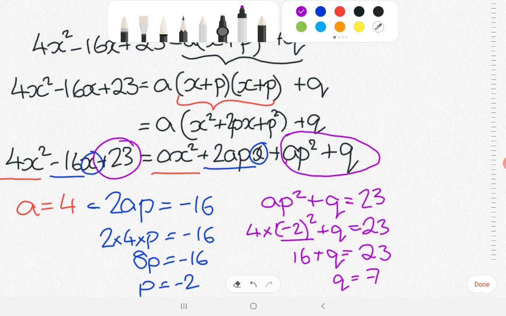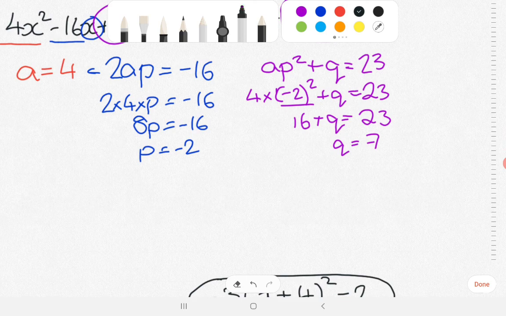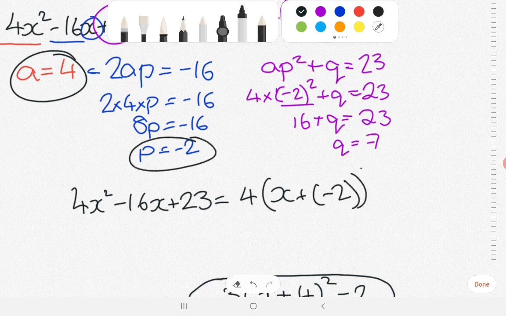So I've got my three values for my three letters. If I tie it all together for the answer, 4x squared minus 16x plus 23 is equal to a, so 4 bracket, now it was x plus p all squared, so x plus minus 2 all squared plus 7, plus q.